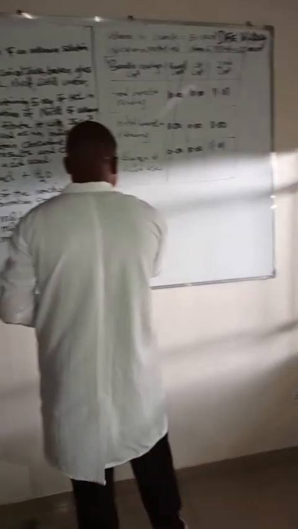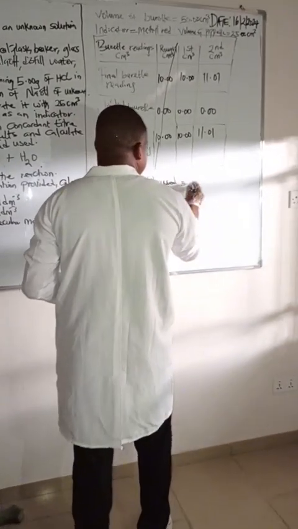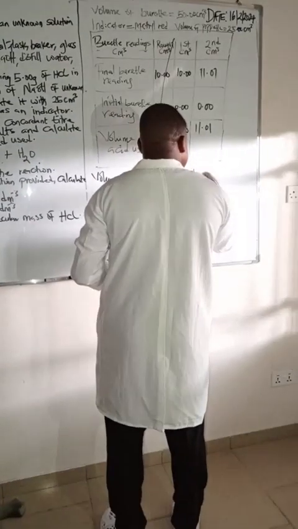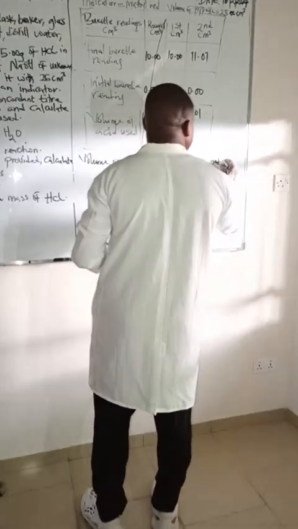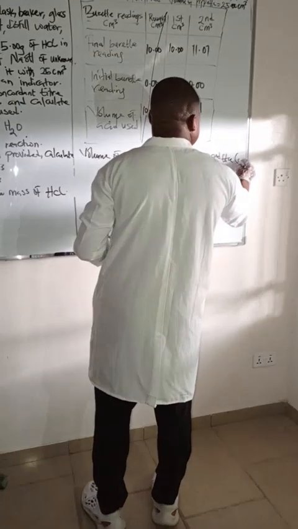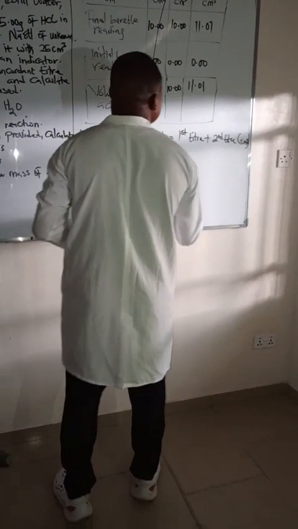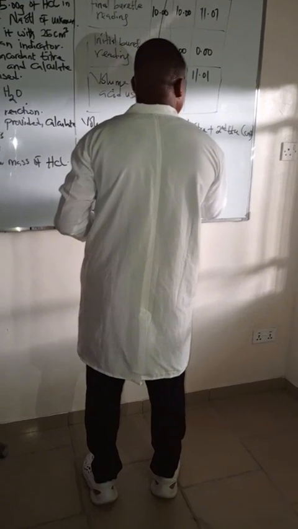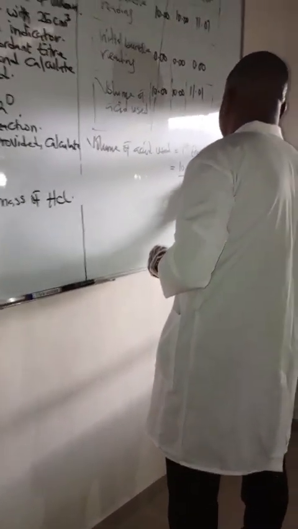So now, to calculate the volume of acid used according to the instruction, we say that volume of acid used is equal to the first titre plus the second titre, in cm cube, divided by 2.